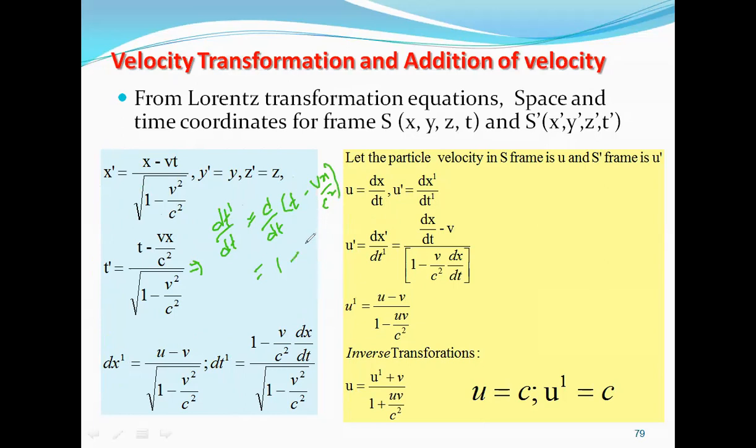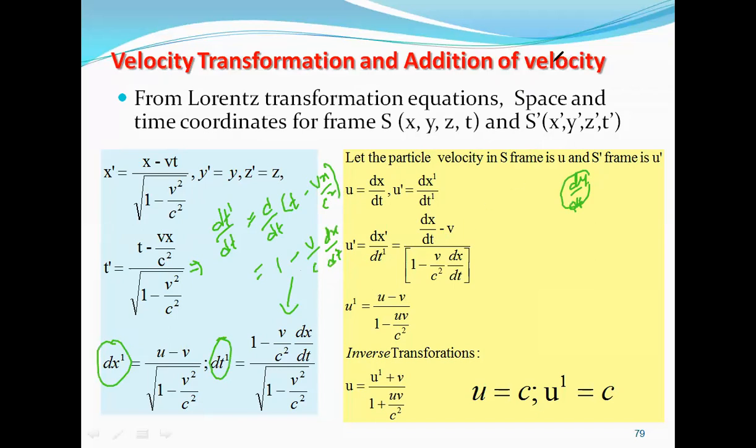Second one, v by c square is a constant, right? What is it going to be? dx by dt, right? Look, if x is there, dx by dt. If y is there, dy by dt, because it's not related. t with respect to y, we have to keep as it is. So I just substituted here, and the denominator is the same. Is it clear, these two?